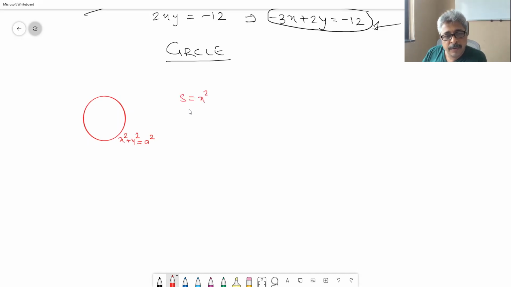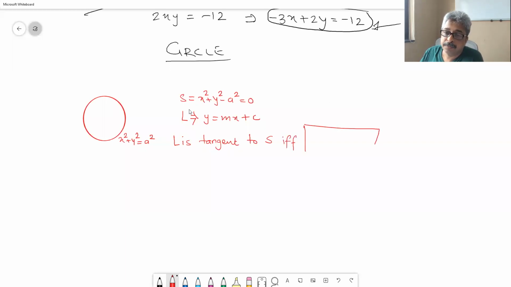S is equal to x square plus y square minus a square is equal to 0. That is the circle, and line L is y is equal to mx plus c. L is tangent to S if and only if what?